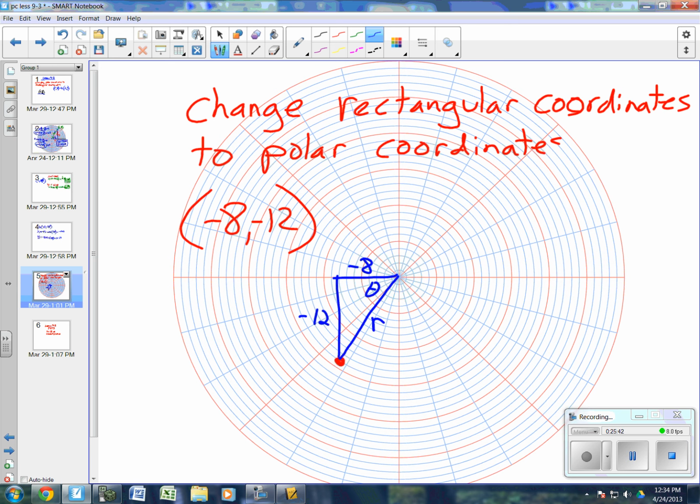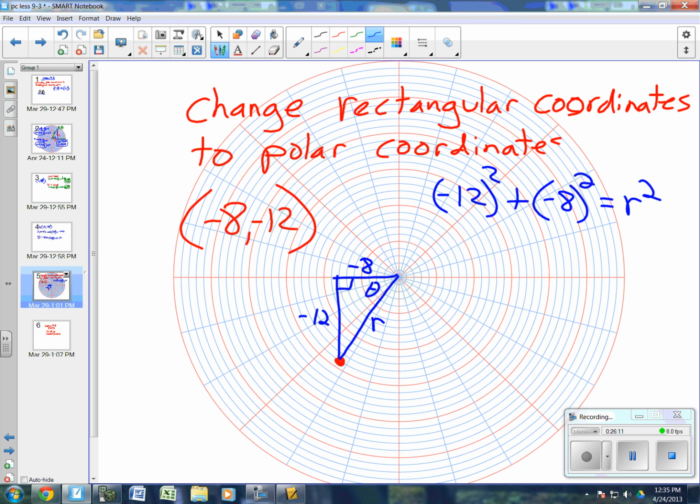What kind of triangle is this? Right triangle. I know two legs of it. Do I know how to find r? How do I find it? Negative 12 squared plus negative 8 squared equals r squared, right? Pythagorean theorem. Everybody remember that?